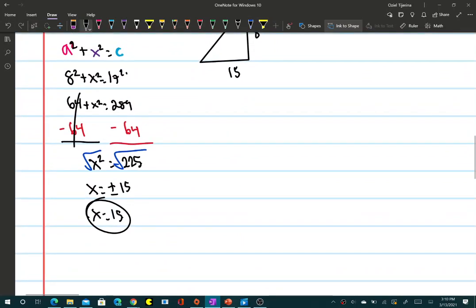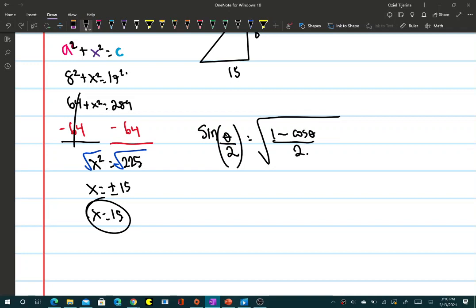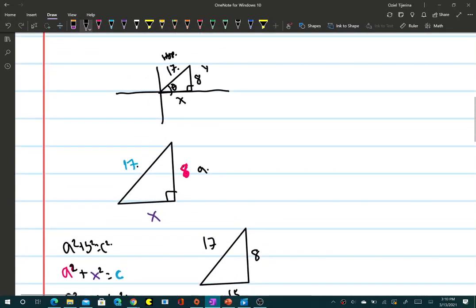So sine of theta over 2 equals the square root of 1 minus cosine theta, over 2. And it's positive because cosine theta in the first quadrant is positive. That is because x is positive. x equals cosine theta.